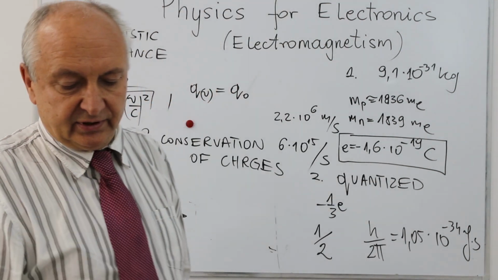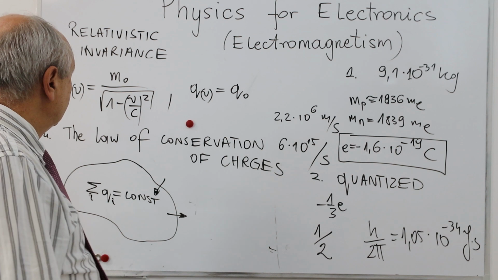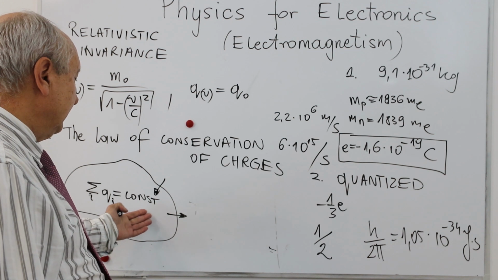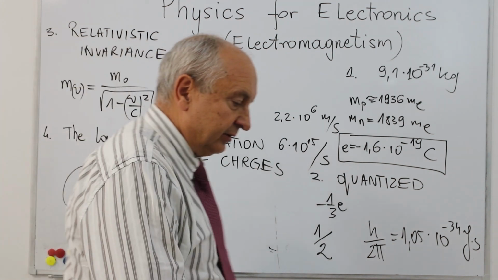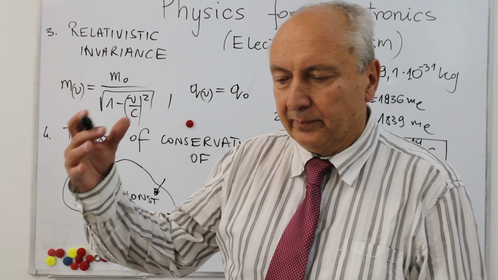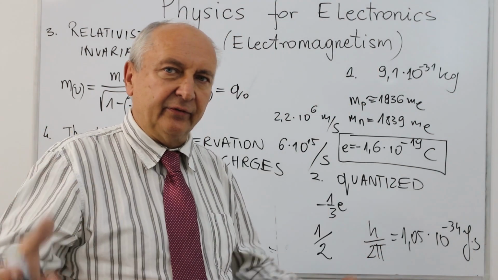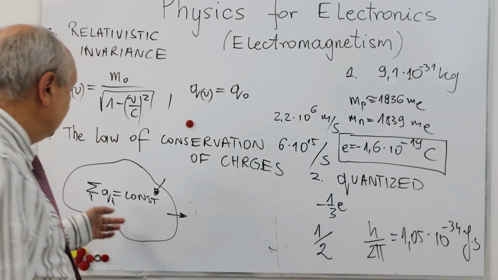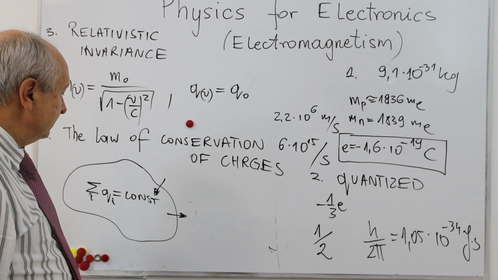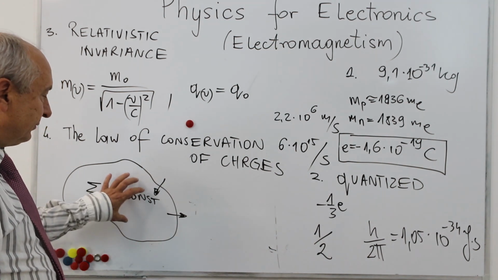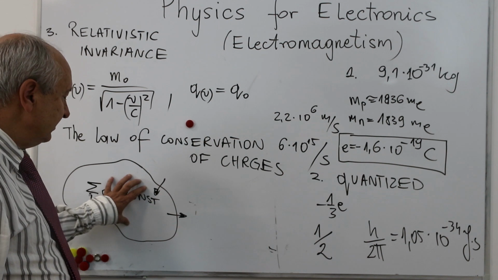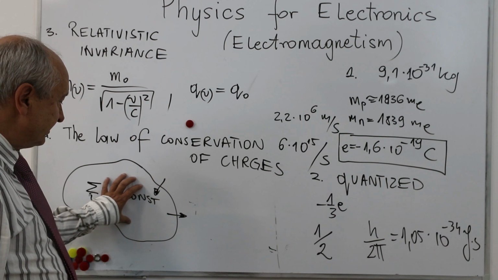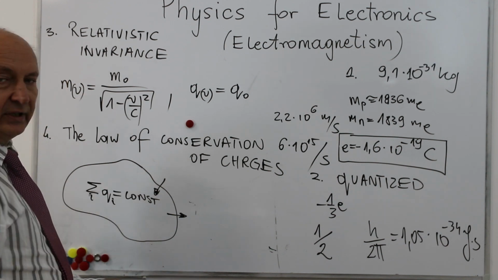And this rule, this law, is very important because we can apply this law even from the beginning of the universe, from the Big Bang, when everything starts. At this moment, when the universe was small, the sum of all charges at that time was constant and was equal to 0.